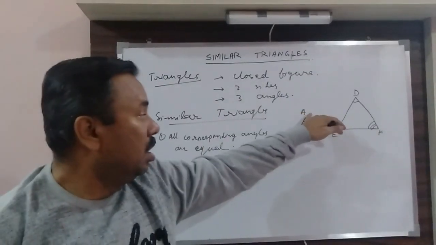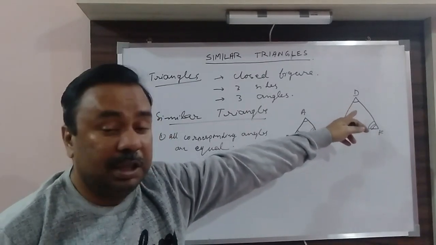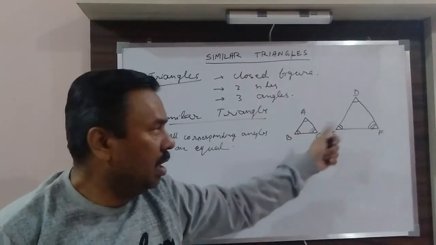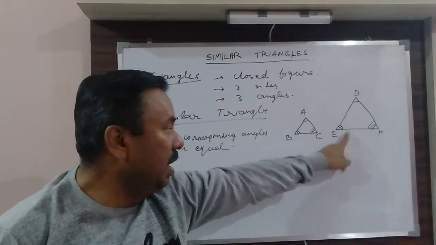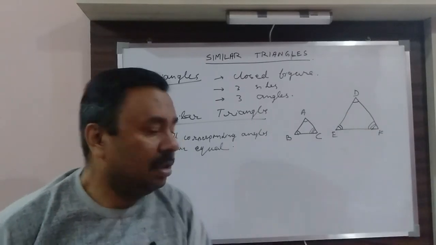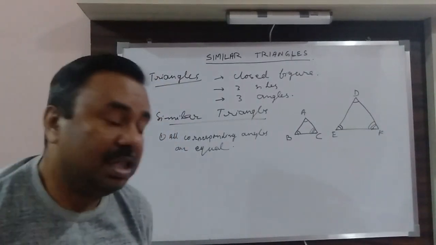So for angle A, the corresponding angle in the other triangle is D. For angle at point B, the corresponding angle is at point E. For the angle at C, the corresponding angle is at point F. This is the first condition that is to be satisfied.